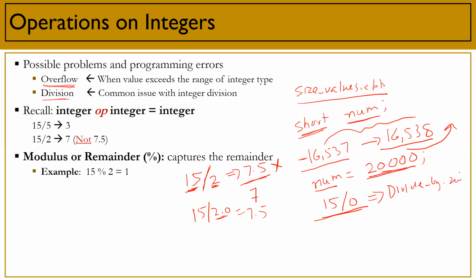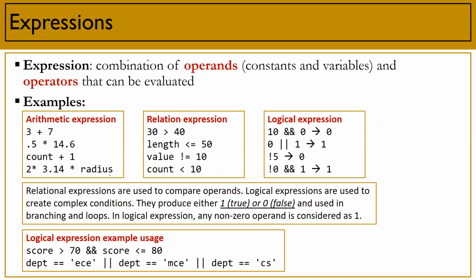And then the modulus operator is applied only with integers, and the result you will get is the remainder, keep in mind. So here you have divided 15 by 2, and it will give you the remainder, which is 1. You can work on these examples and see what output you are getting.